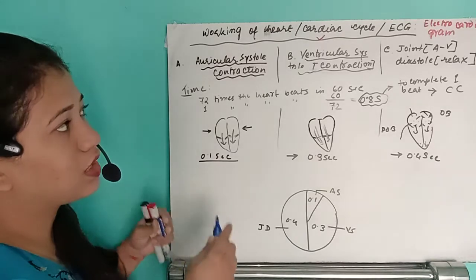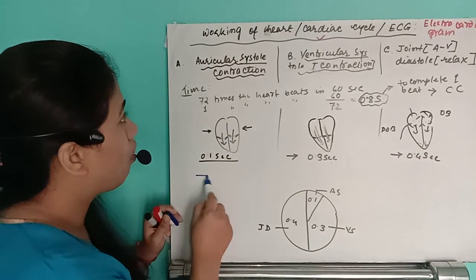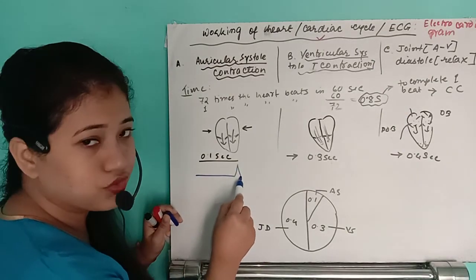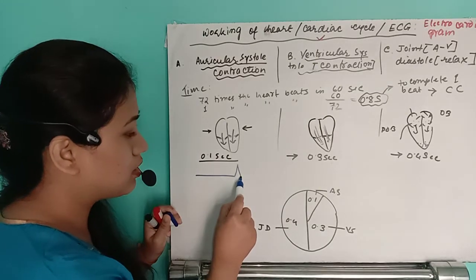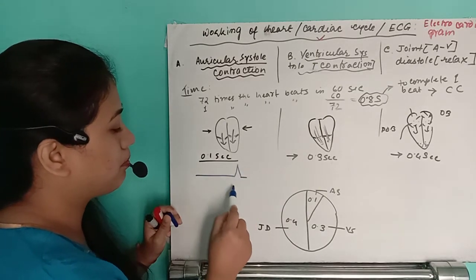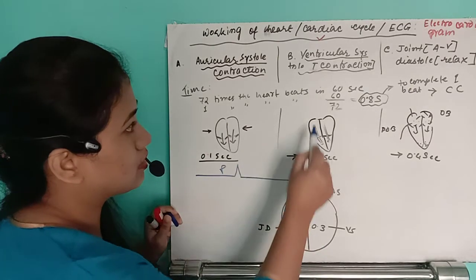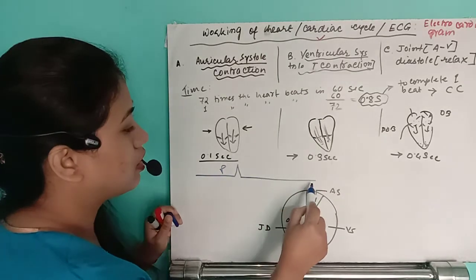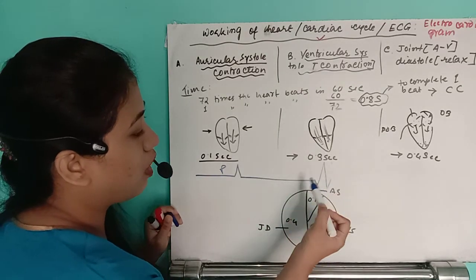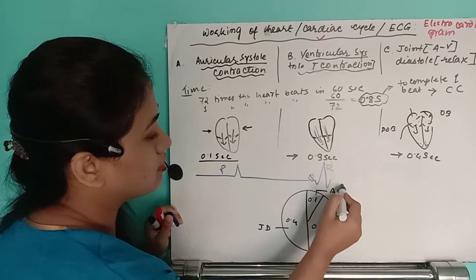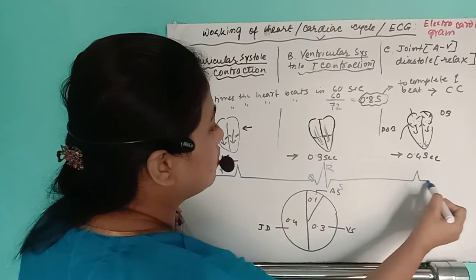First of all, in this ECG, how many waves do we have? In the auricular systole we have the first wave. What is that wave called? This is called the P wave. Next, this is the ventricular systole, this is the QRS complex, and the last one is the T wave.